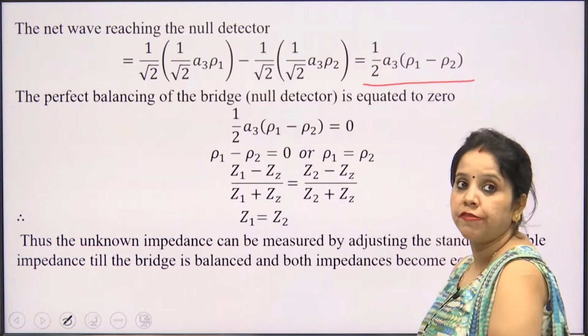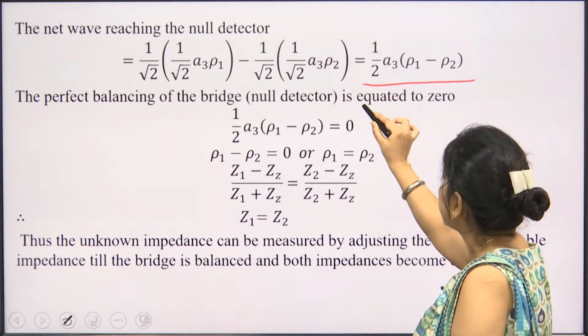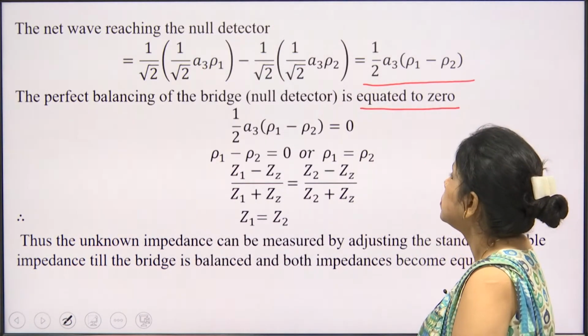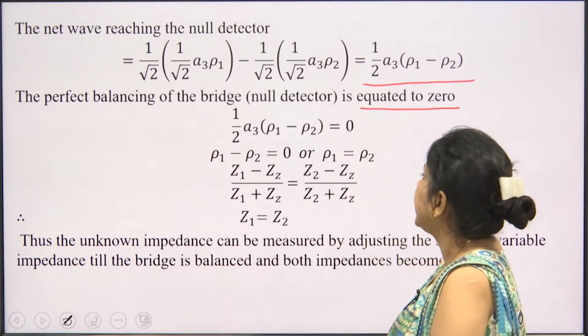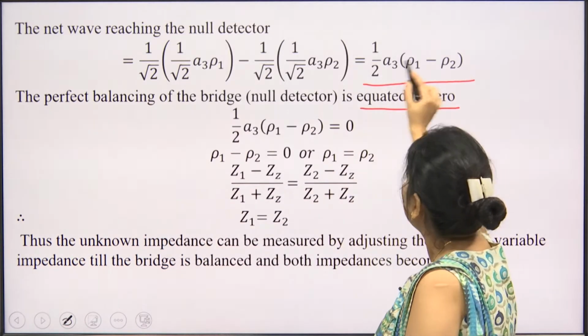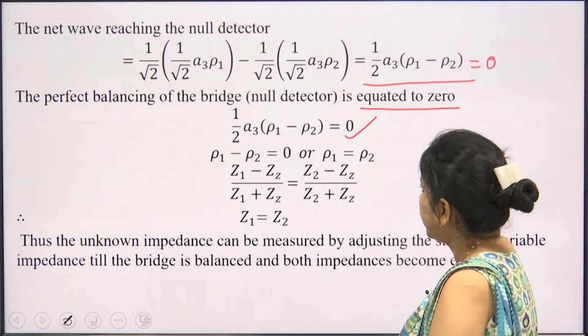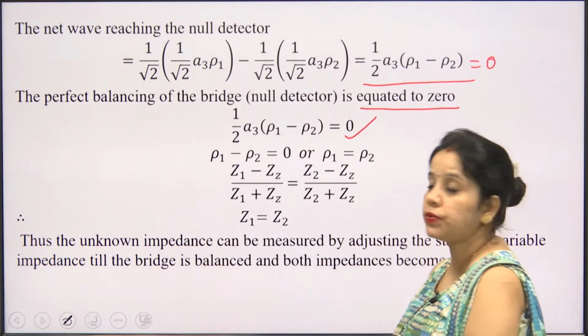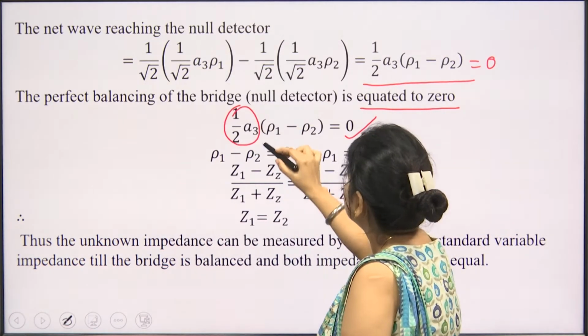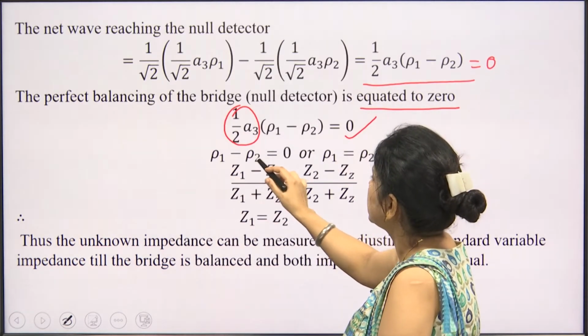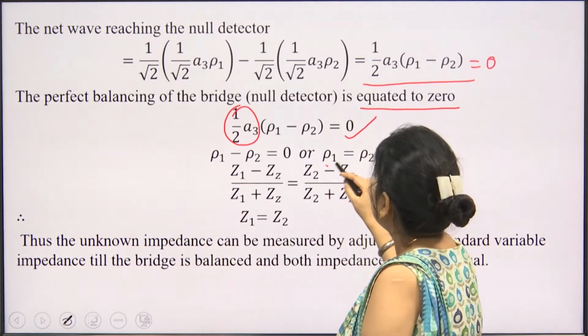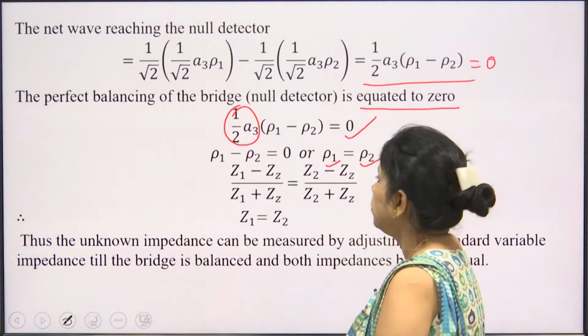Then what is the perfect balancing condition? The null detector reading should be equal to 0. So we make this expression equal to 0, and then rho 1 minus rho 2 is equal to 0, or rho 1 is equal to rho 2.